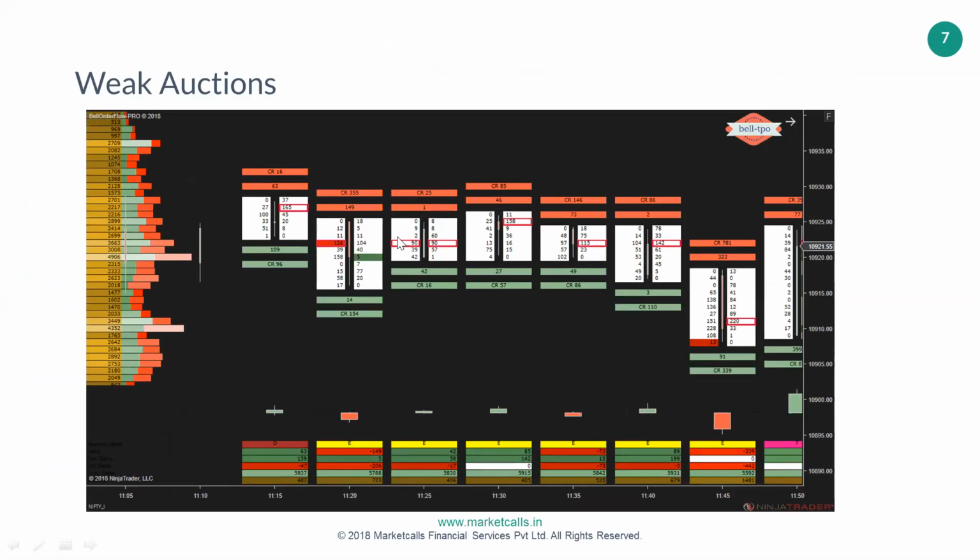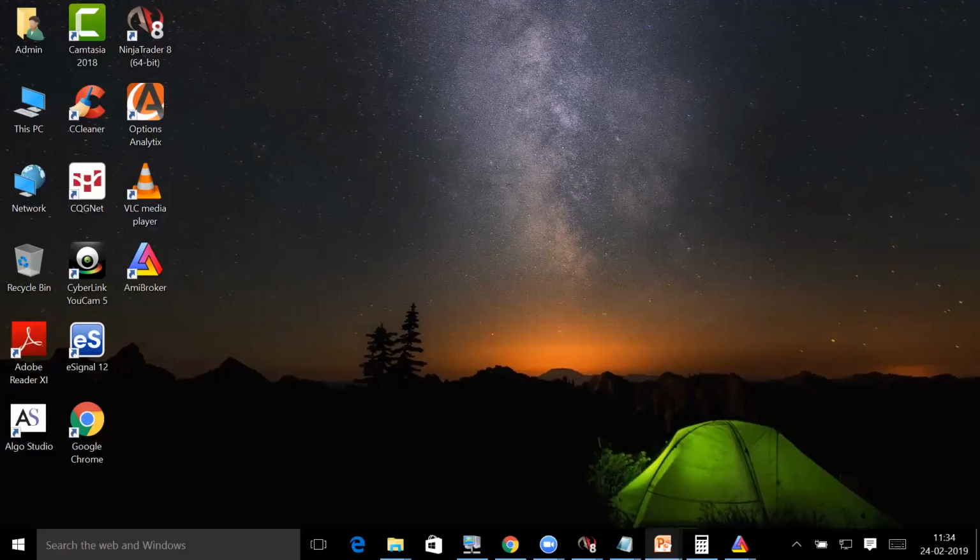Mostly it could be zones of consolidation, or zones of absorption. When I say absorption, it really means accumulation or distribution by the institutions. Right. So these are weaker auctions, and let's say you want to identify where the bigger order flow is happening, where bigger quantity is getting traded. In that case, the Bell TPO has a really good filter.